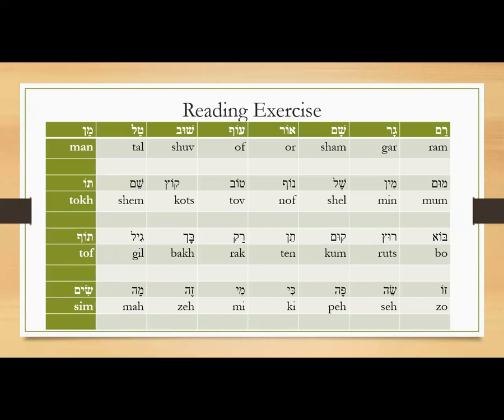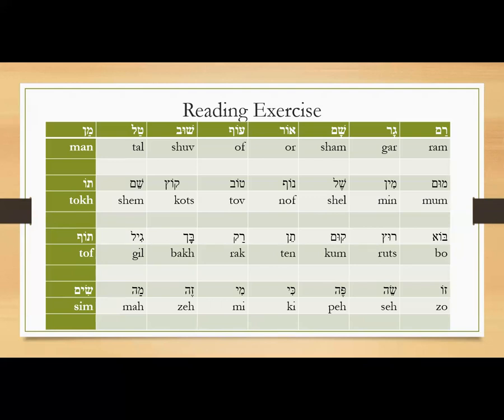So it's sh, oo, and that is a vav. Shuv. Right, and there is an ayin and an o and a f.